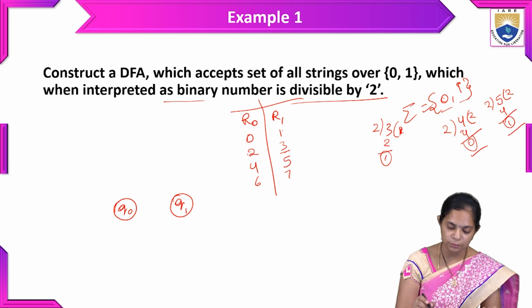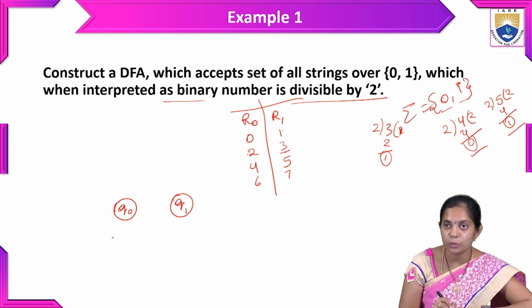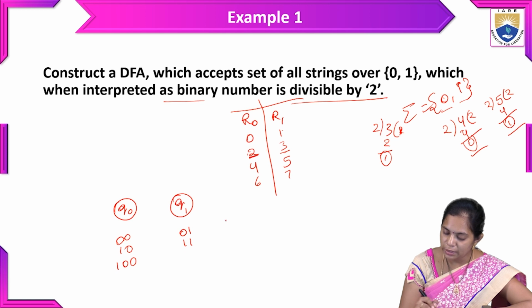Now we write the numbers: 0 is represented as 0, 1 as 1, 2 as 1, 0, and 3 as 1, 1. 4 is 1, 0, 0, 5 is 1, 0, 1, 6 is 1, 1, 0, and 7 is 1, 1, 1.